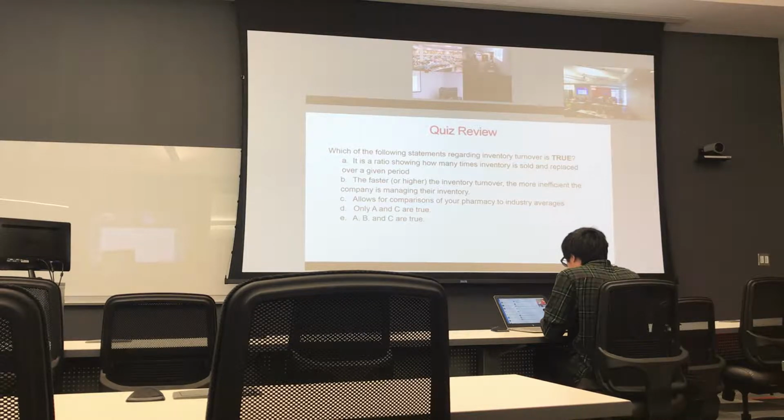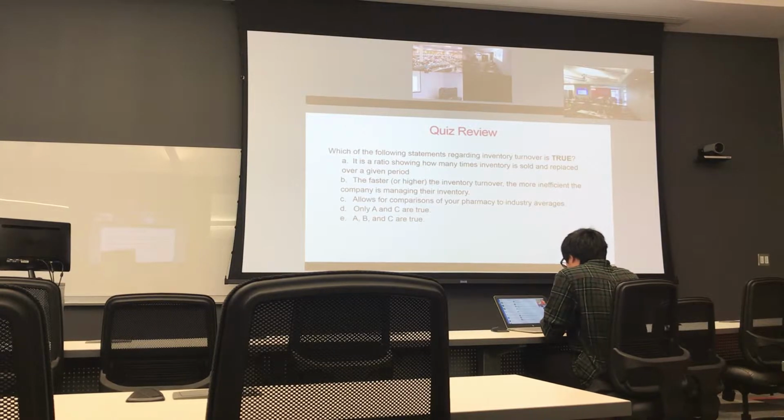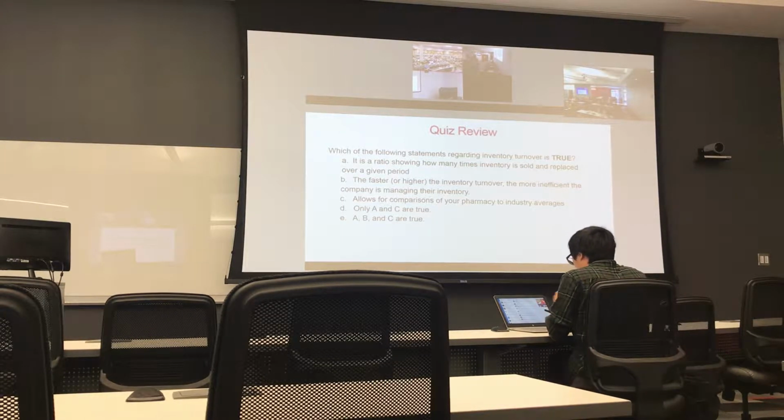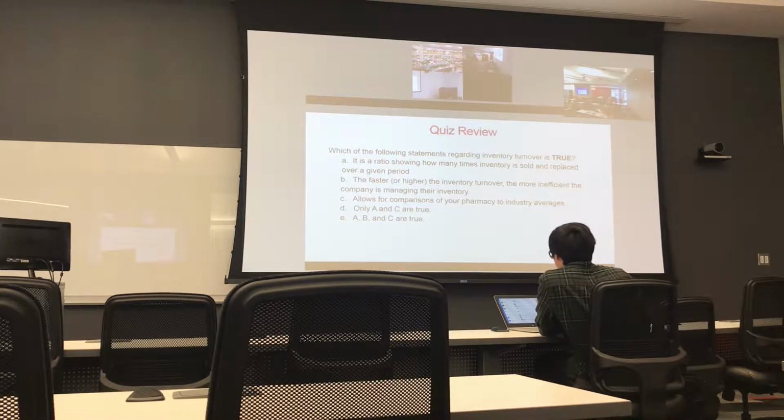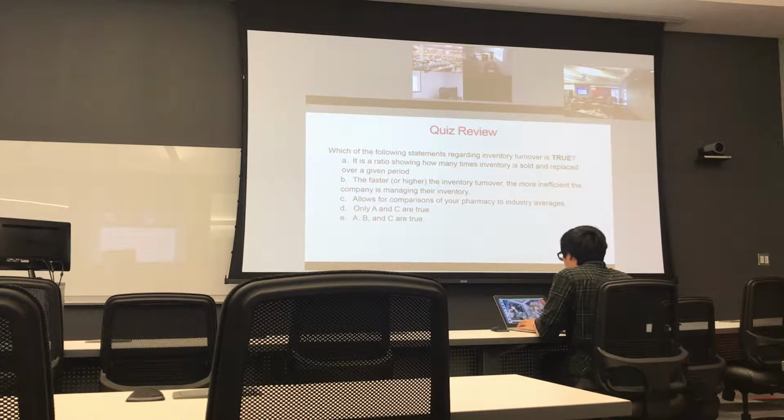C: And it allows for comparisons of your pharmacy to industry averages. A and C, or A, B, and C, or A, B, or C? A and C I hear here. Any other options? What about A, B, and C? That looks pretty good to me. What's wrong with B?